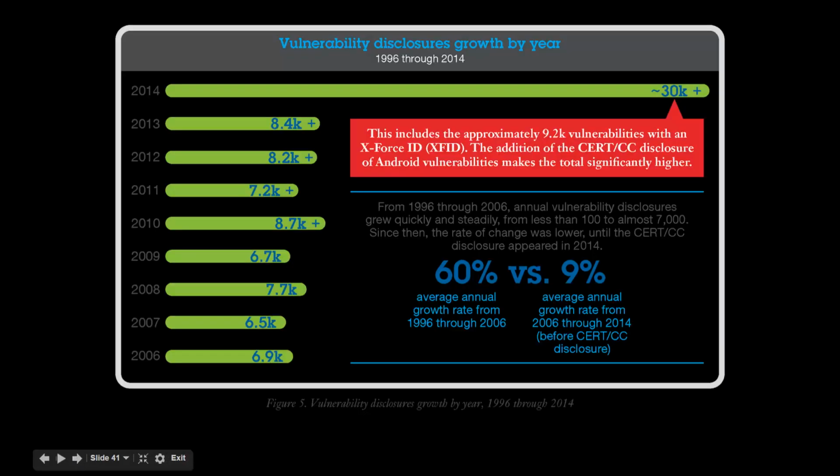So, to break it down, vulnerability disclosure grew rapidly from 1996 through 2006. And in my research, this closely corresponds with the evolution of security awareness.